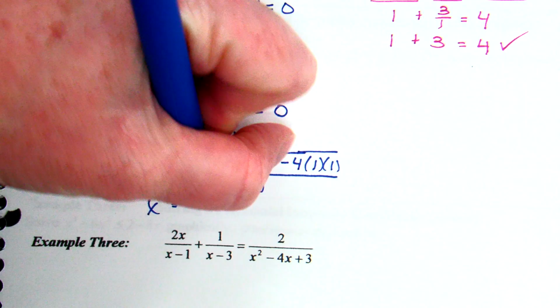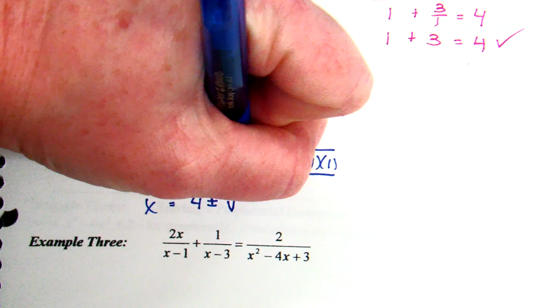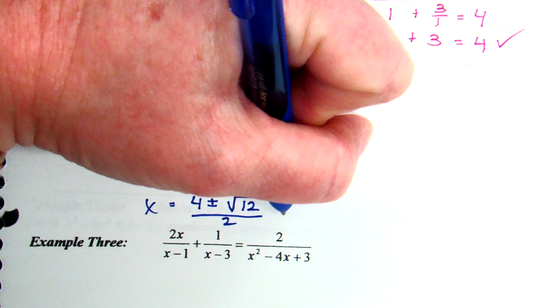Okay, clean it up. 4 plus or minus. What do we have under the square root there? Negative 4 squared is 16. Minus 4 times 1 times 1, so 16 minus 4 is 12. So 4 plus or minus the square root of 12 all over 2.